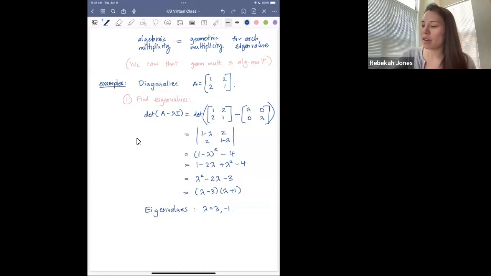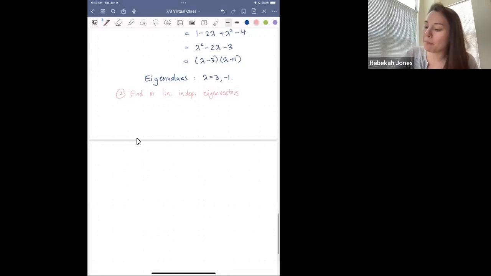Now the next step is to find our n linearly independent eigenvectors. Functionally, that means find a basis for each eigenspace.